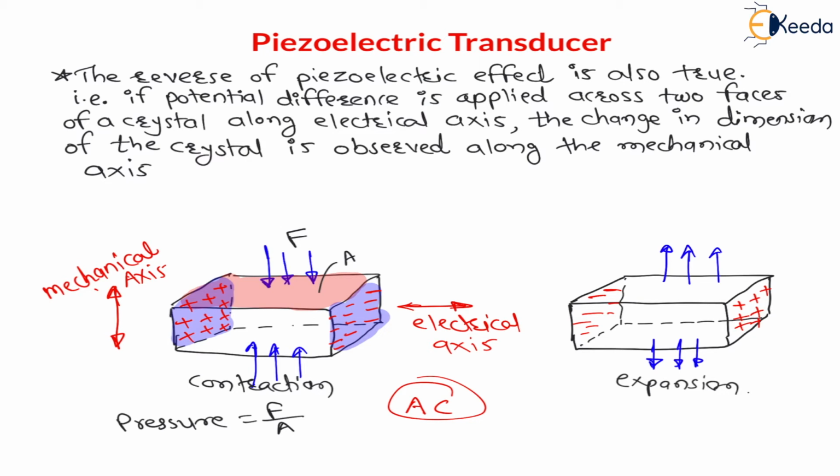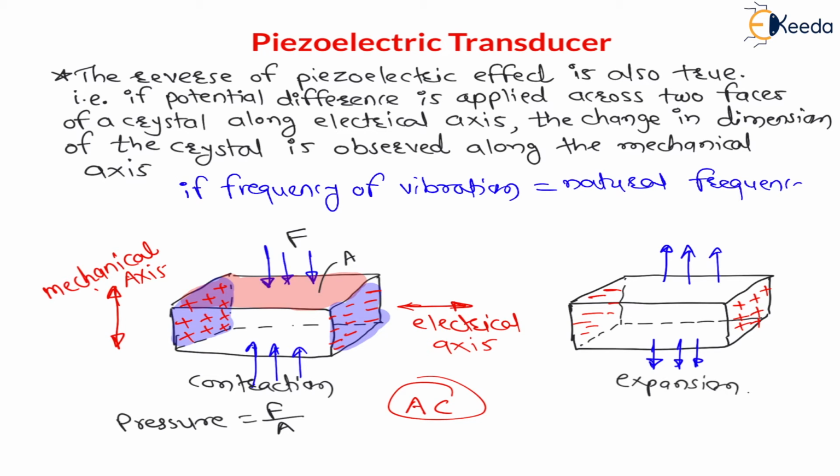And my dear students, whenever the frequency of this vibration becomes equal to the natural frequency, then we will get the ultrasonic waves, right? Here we will write: if the frequency of vibration becomes equal to the natural frequency, then we will get ultrasonic waves.